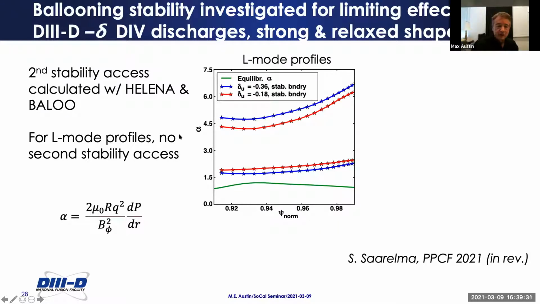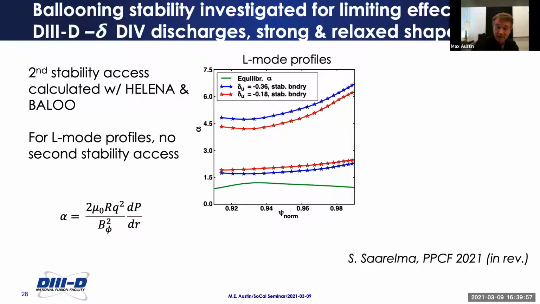For L mode profiles, you get this stability picture. For both the strongly negative triangularity and the relaxed triangularity cases, there is no second stability access. And of course, access to second stability is what allows an H mode pedestal to develop.